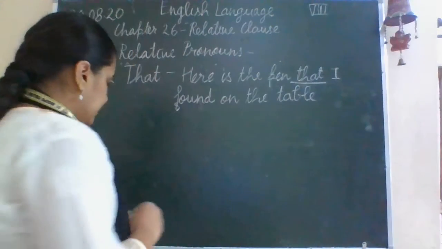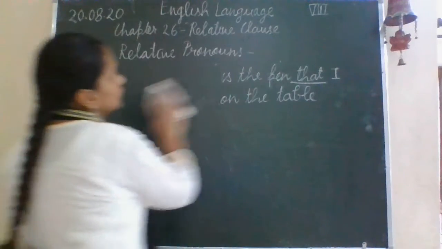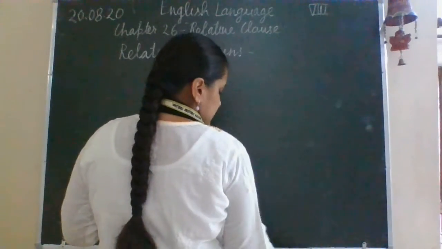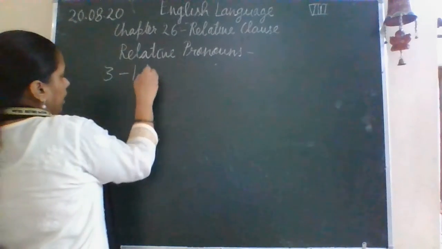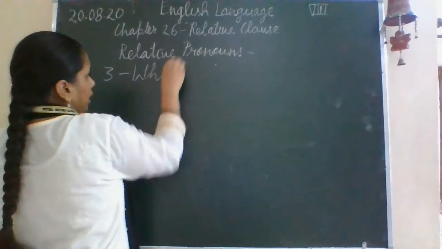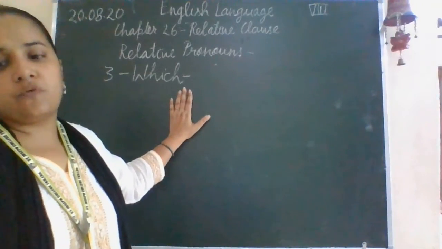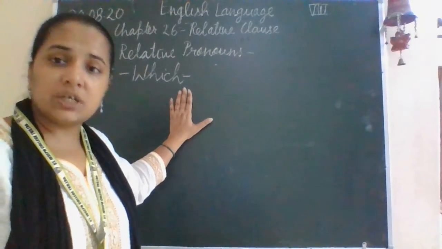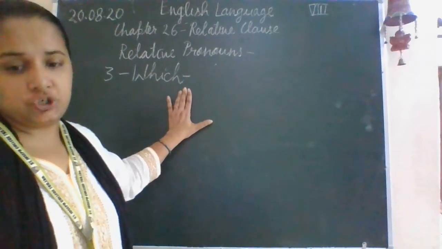Now the third relative pronoun that we are going to use is which. Which is also used for the things and the subject of verb or the preposition.